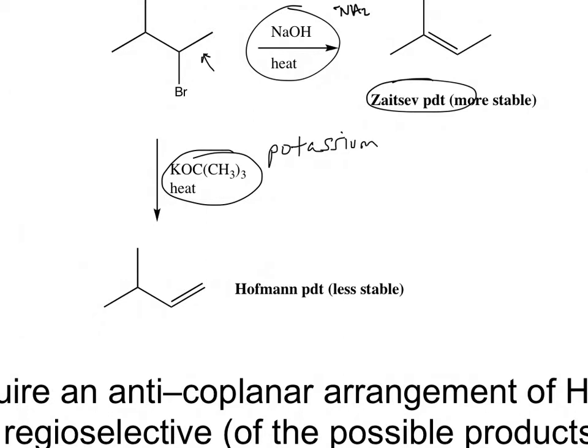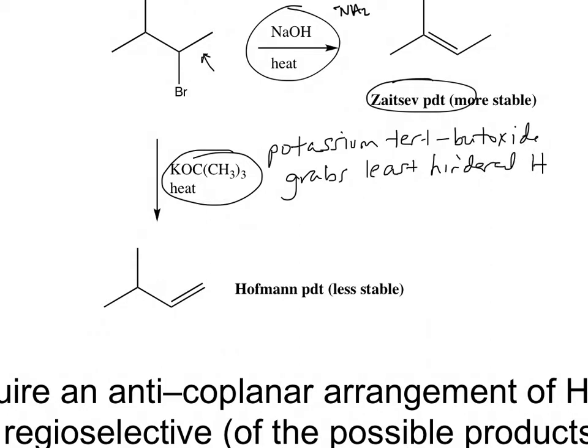And it is giant. It's very sterically hindered. And what it will do is it will grab the least hindered hydrogen because it is so big. And when it does that, you end up with the less substituted product or the Hofmann product.